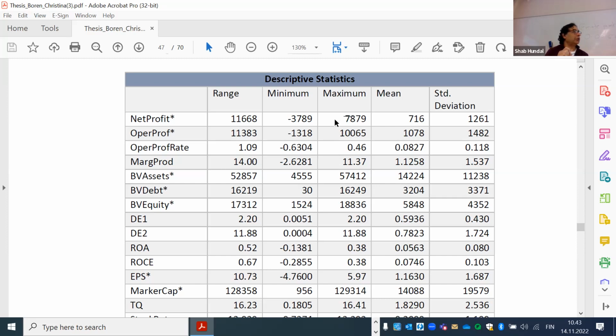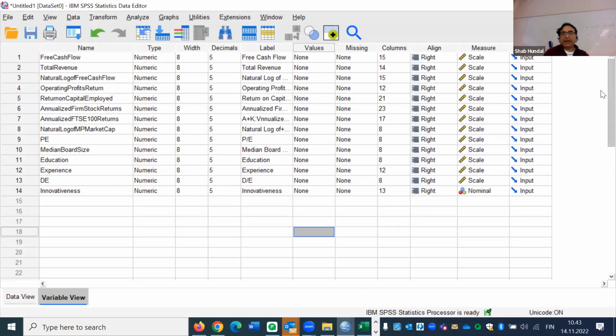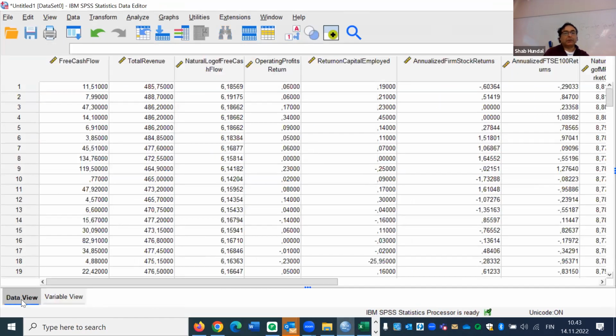Okay, all good. Now we go back to our lovely SPSS. And now we go back to the data view. Yeah, you see the variable view? Go to the data view. And once you are in the data view, there are so many bars here.